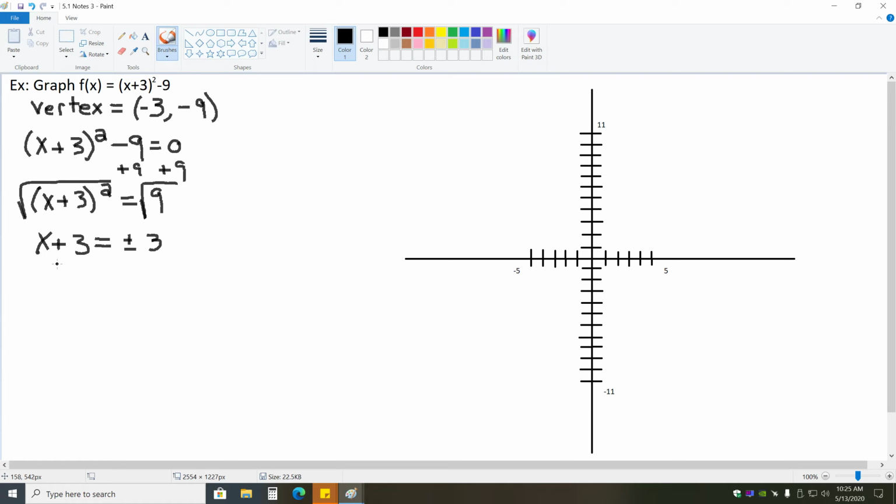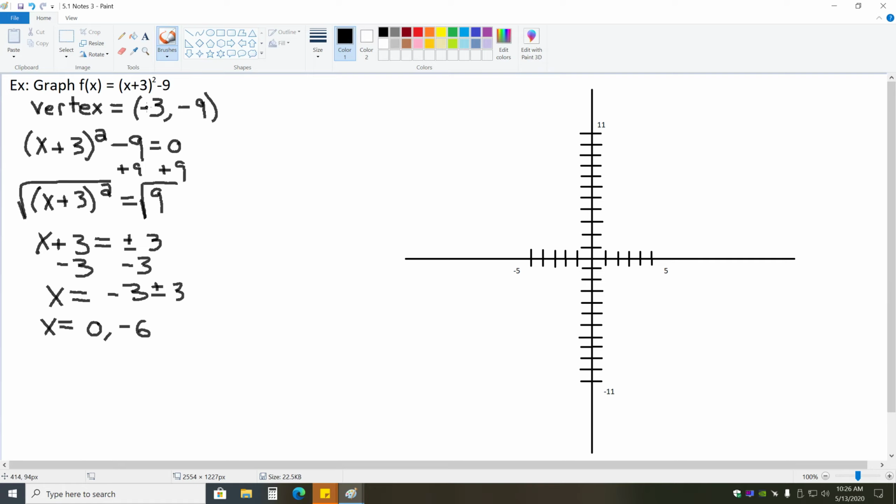And now subtracting 3 from each side, we get x equals negative 3 plus or minus 3. So we have two answers here. Negative 3 plus 3 will give us 0, and negative 3 minus 3 will give us negative 6.